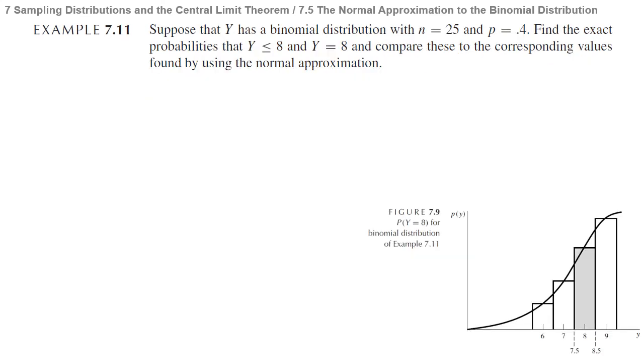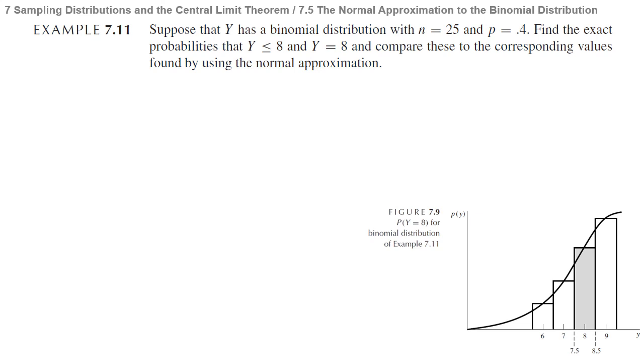Let's move on to example 7.11. Suppose that Y has a binomial distribution with n equals 25 and p equals 0.4. Find the exact probabilities that Y is less than or equal to 8 and Y is equal to 8, and compare these to the corresponding values found by using the normal approximation using CLT, the central limit theorem.